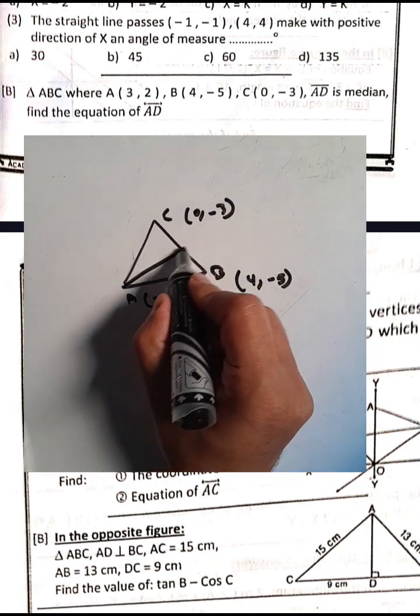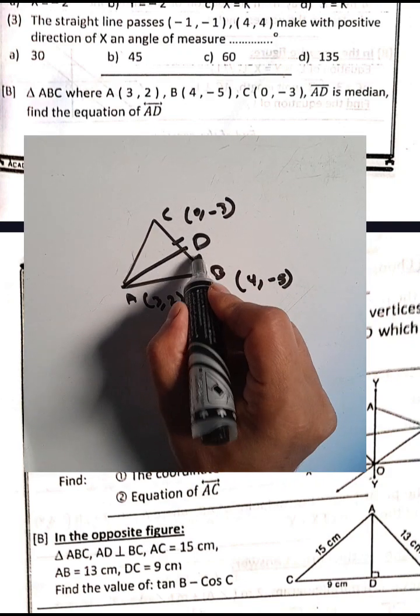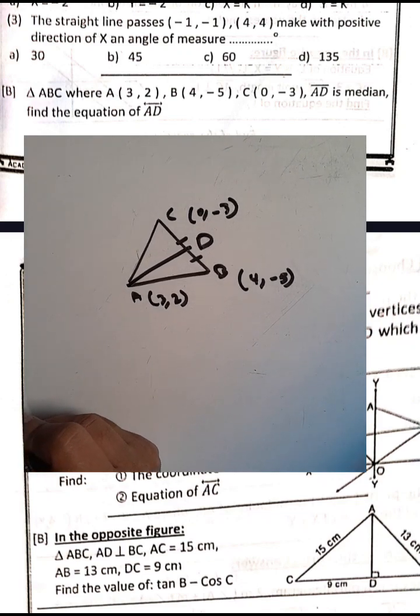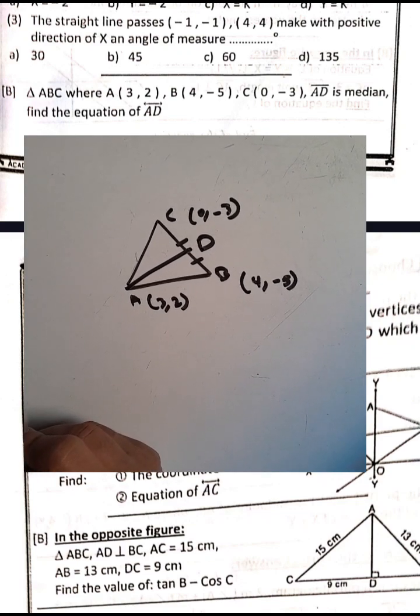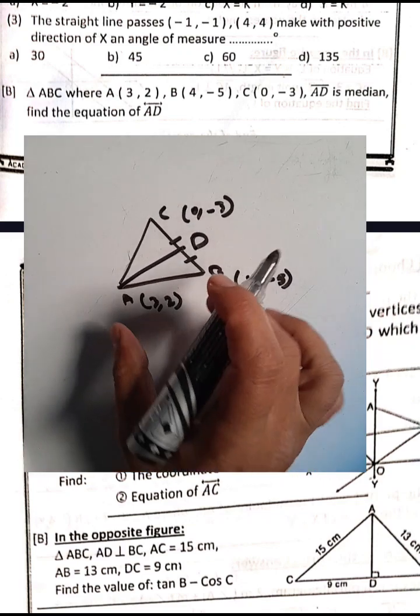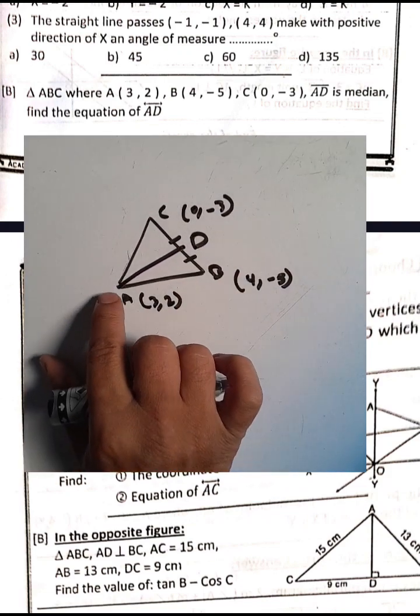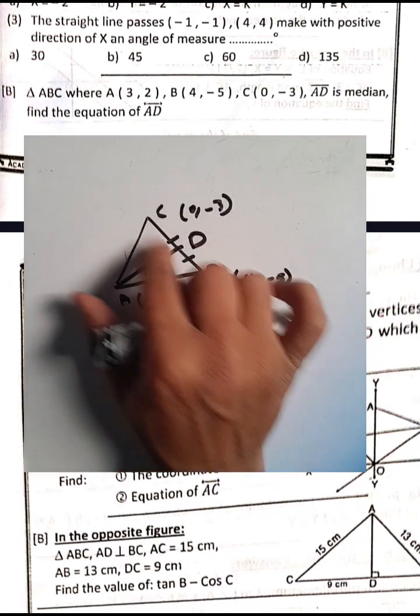Not perpendicular to the base, but we call AD the median. The median means the line segment passing through the vertex and going to the middle of the base.